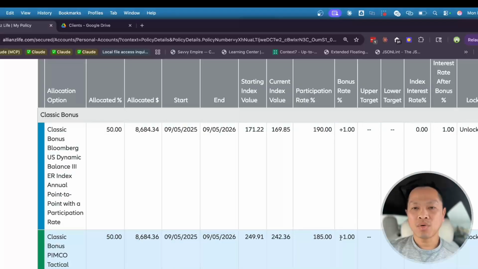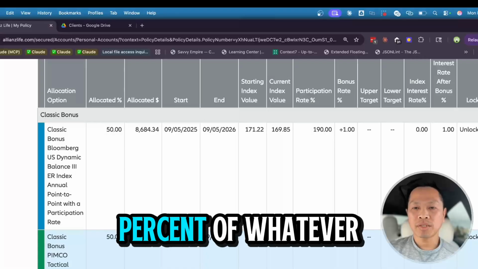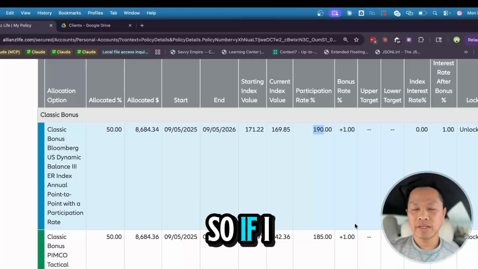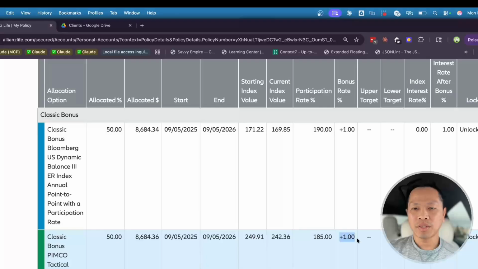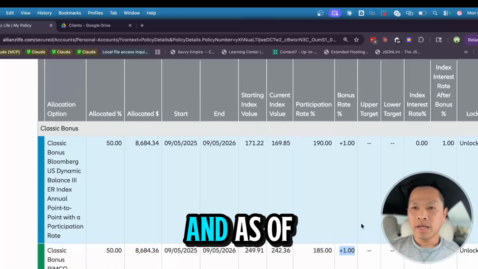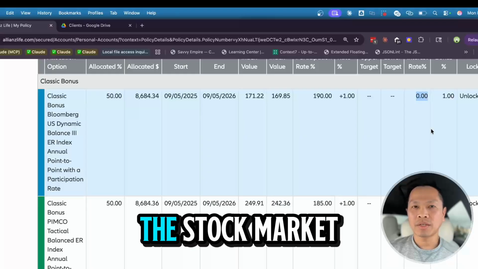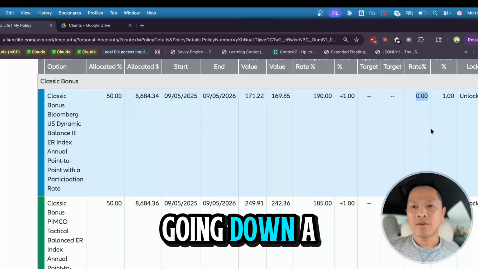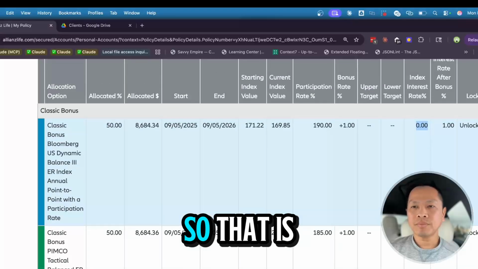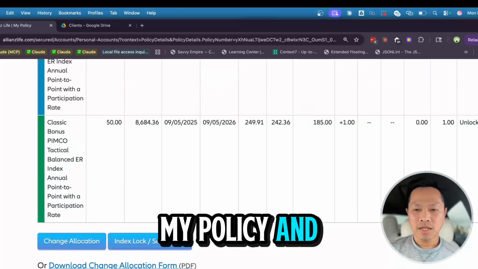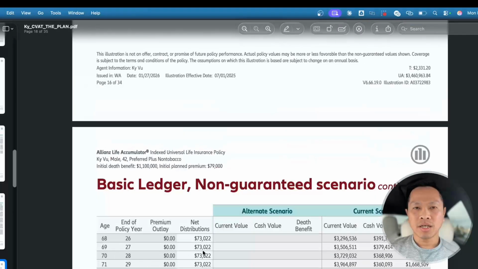I always get a bonus, just in year 1. I get plus 1 more percent on whatever the rate is. So if I get 7, then I add 1%, so that'll be 8. And as of right now, I'm not gaining anything because the stock market has been going down a little bit. So that is my policy, and let me show you my actual policy illustration.